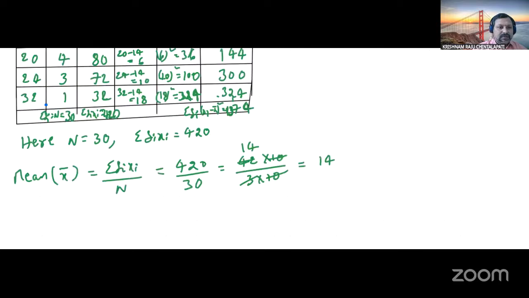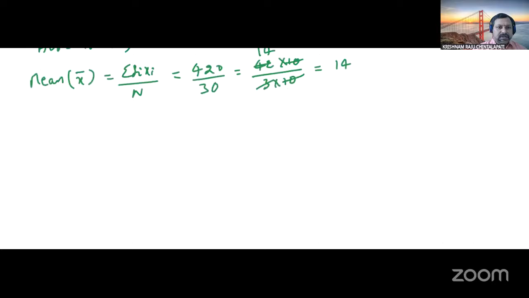So what is the variance formula? Variance is denoted by sigma square. The formula is 1 by n times summation i equal to 1 to n Fi into xi minus X bar whole square.